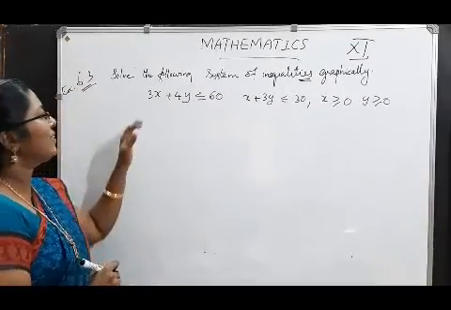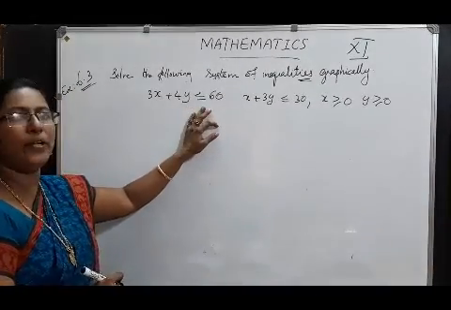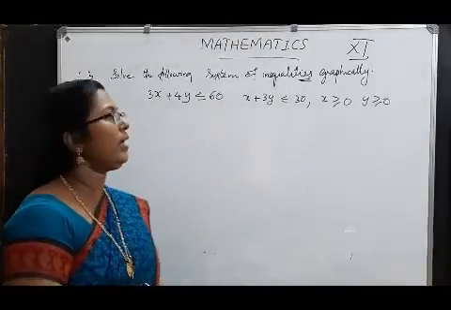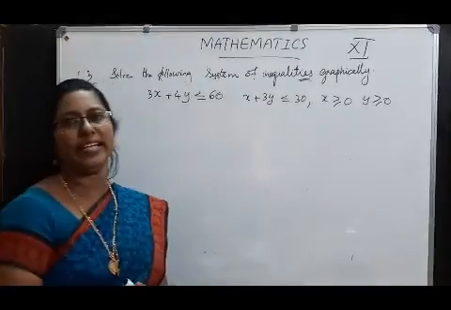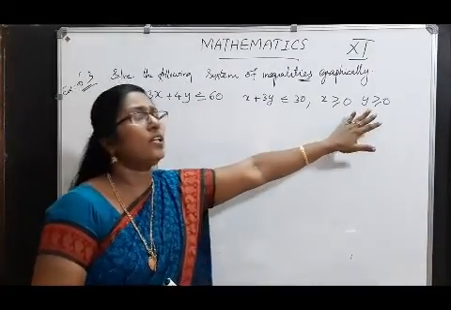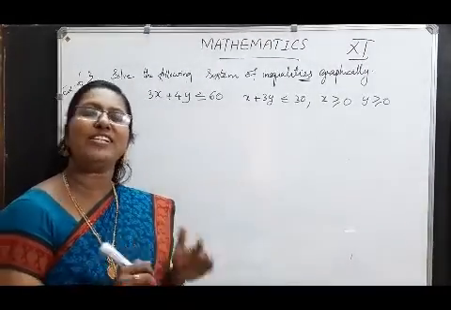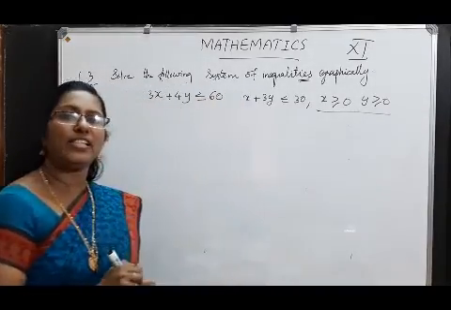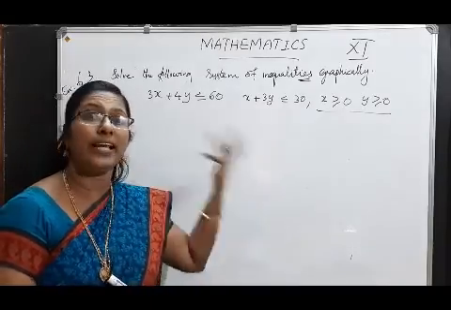Here the question: 3x plus 4y less than or equal to 60, 3x plus y less than or equal to 30, x greater than 0, y greater than 0. X greater than 0 and y greater than 0 represent the first quadrant. This is important for the next year.